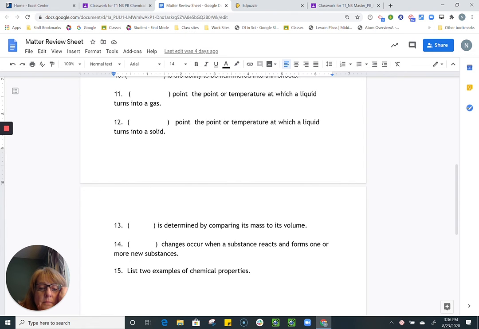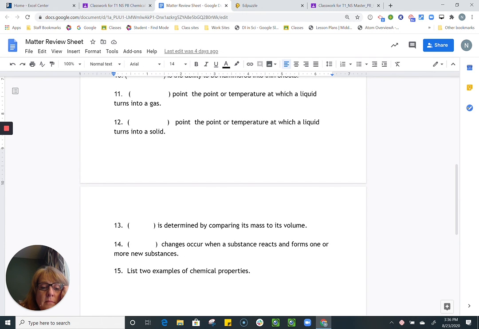And then 14 should really have been another title. It's like the opposite of physical properties. It's chemical changes, or chemical properties, which occur when a substance reacts and forms one or more new substances. They are used to identify substances by how they react. In a crime scene lab scenario, you would not ever want to use your whole specimen, because once you use it, it's gone.